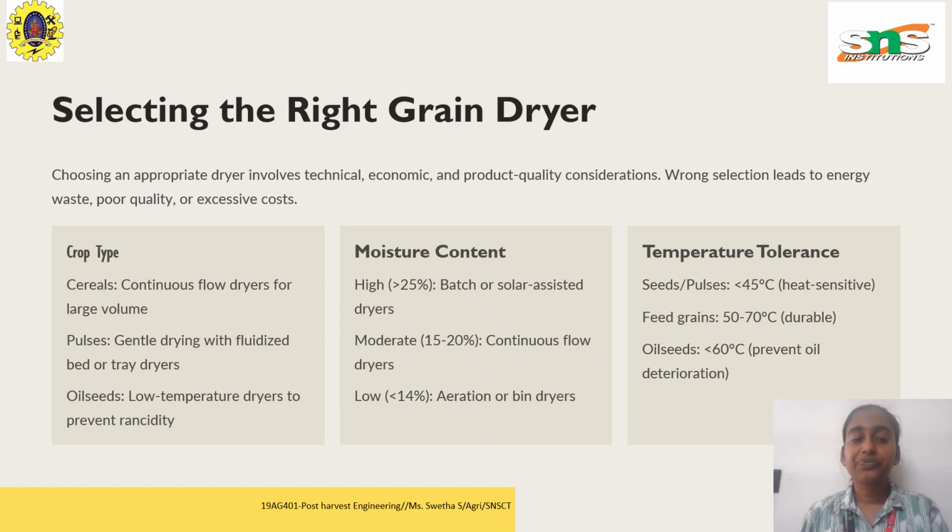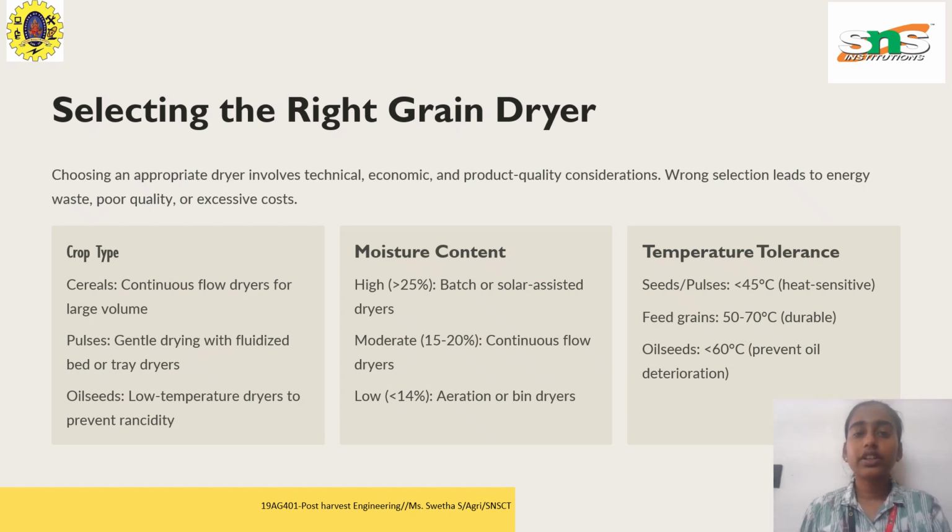First one, crop type. In cereals, continuous flow dryers are used because they have high moisture content. Pulses need gentle drying, like fluidized bed dryers or similar dryers. Compared to cereals, they have very low moisture content. Oilseeds need low temperature dryers to prevent rancidity from oxidation.